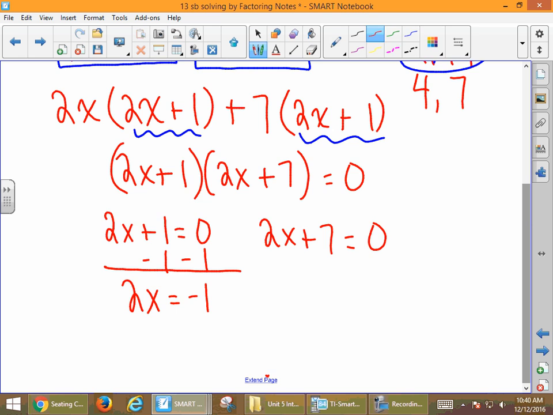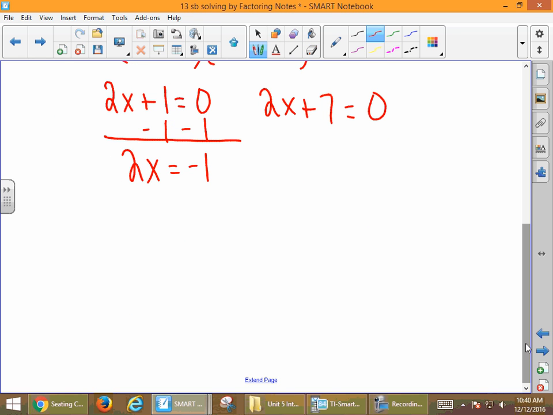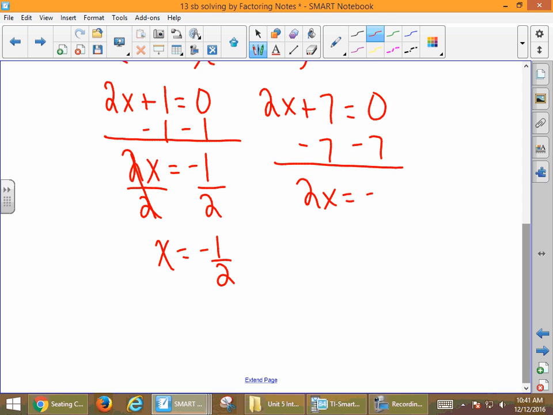We get 2x equals -1. Divide both sides by 2. Over here, 2x equals -7. X equals -7 halves.